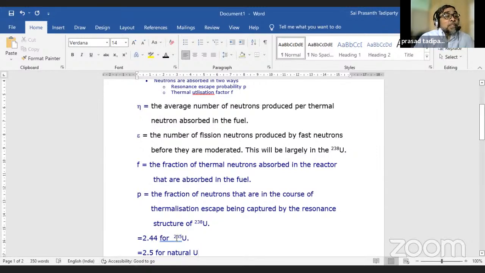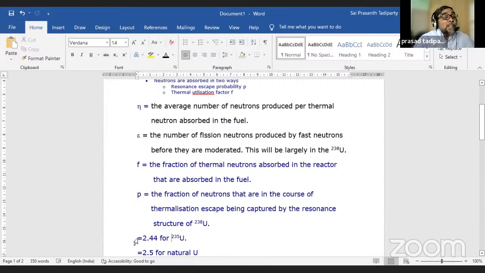Technically, U-235 is an isotope of natural uranium. In actual natural uranium, U-235 is only a fraction of 0.72%. This U-235 undergoes fission by the thermal neutrons, so for this you need thermal neutrons, not fast neutrons. The effective value is 2.5 in natural uranium due to the fast fission factor epsilon, which is equal to 1.03.